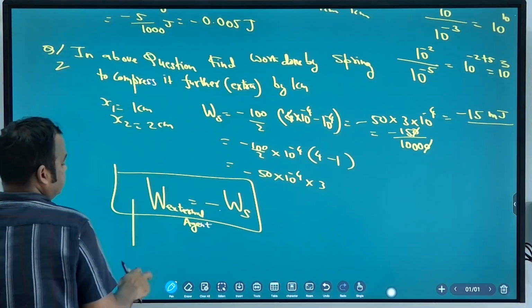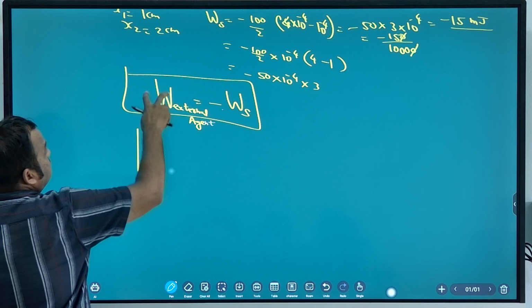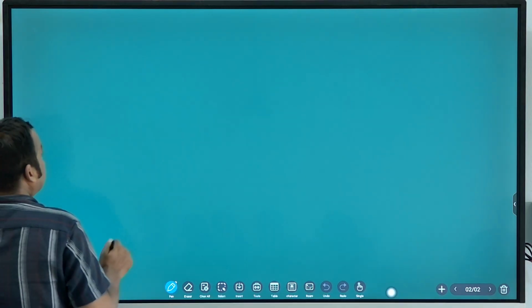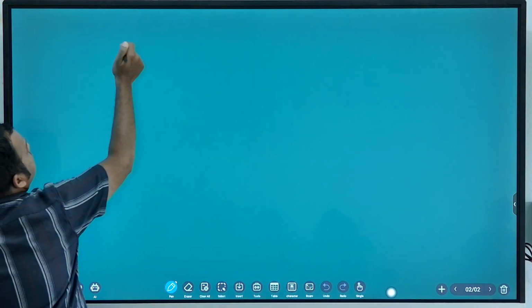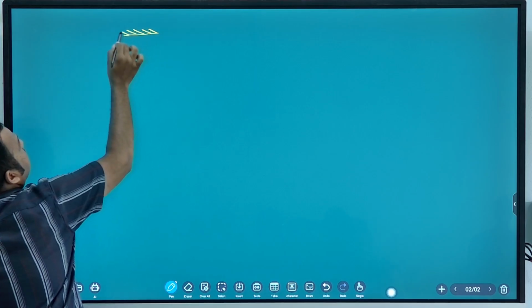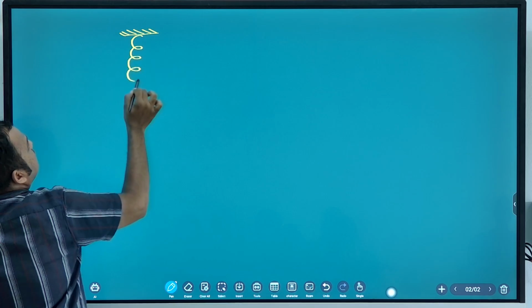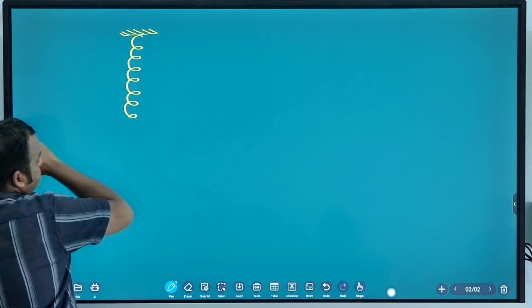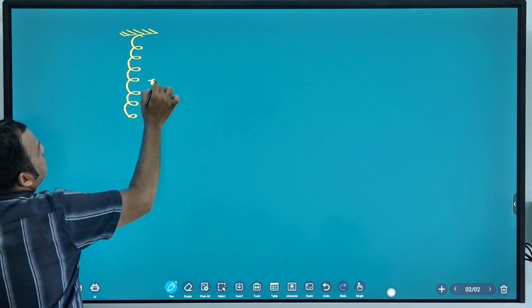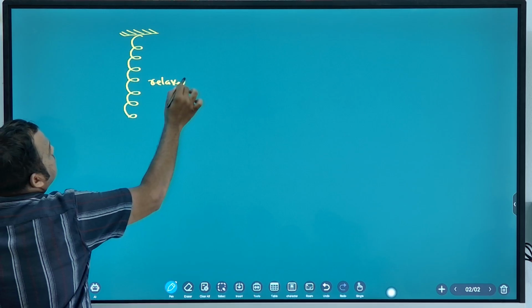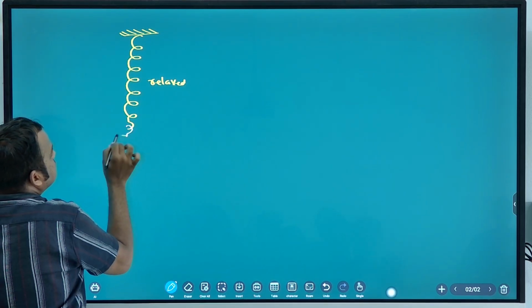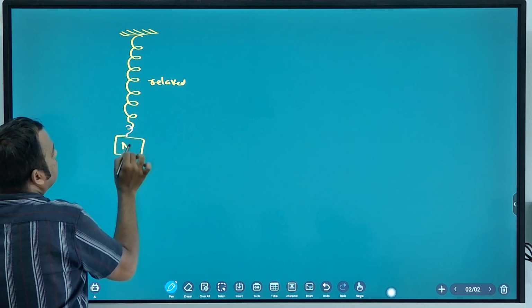Note down. Now next, see, suppose this is the ceiling and a spring is connected. Initially it is relaxed. Now you connect a block of mass m.